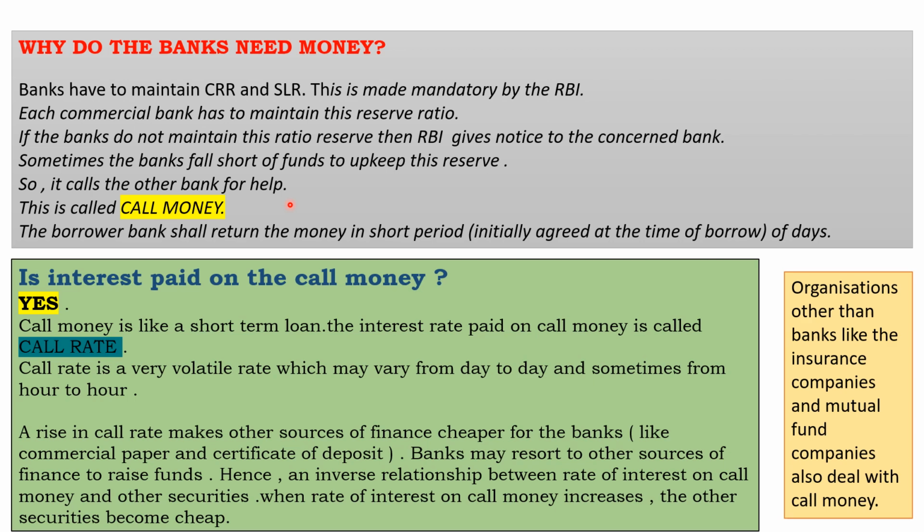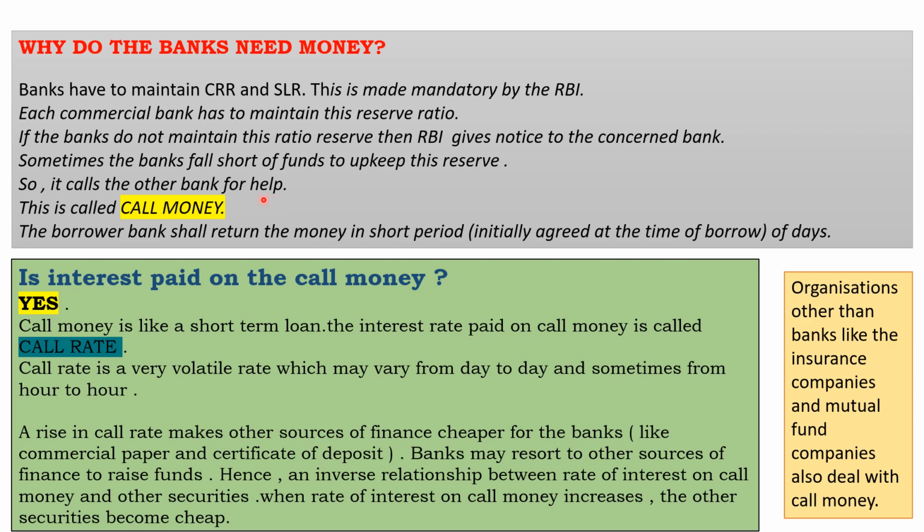You will ask your friend to lend 100 rupees to you so that you upkeep that 500 and keep it back. The next day you'll return, right? So this is what happens to the bank also. The RBI, the mother bank, it tells the scheduled commercial banks to maintain that ratio. 500 in the example. Here, it may be higher, cash reserve ratio and the statutory liquidity ratio. If sometimes the bank falls short of that reserve ratio, so they need money.